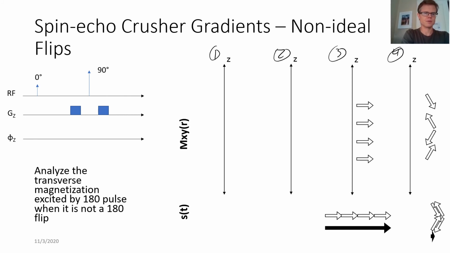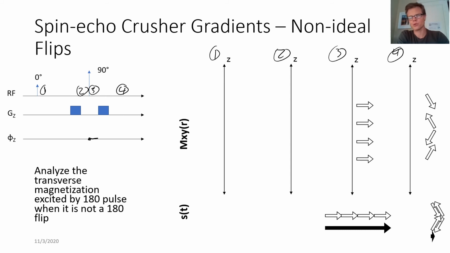Our gradients only affect our transverse components. So I'm not even going to draw this phase diagram until we get to after the RF pulse here.